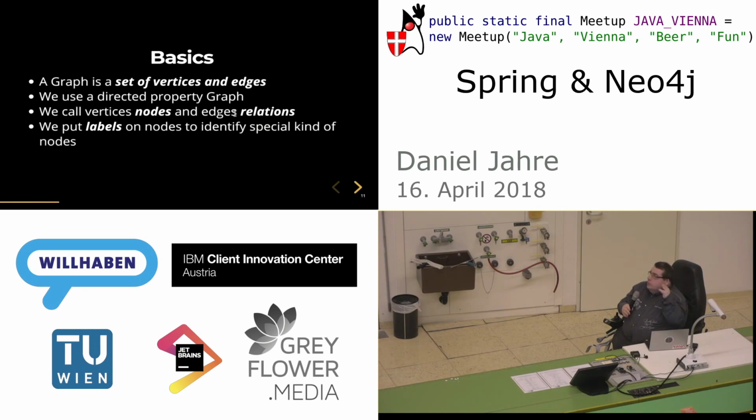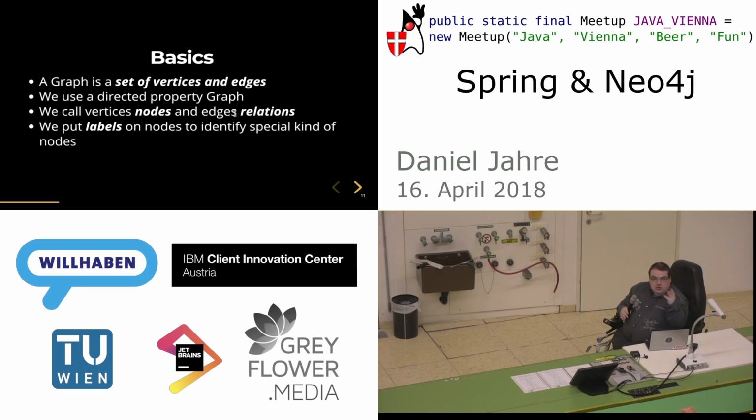What are the basics that we need? I mean, computer science defines a graph as a set of vertices and edges. And what we want to use is a very special graph, and that is called a directed property graph. And that means we have properties on the nodes of a graph, and we also have properties on the relations.